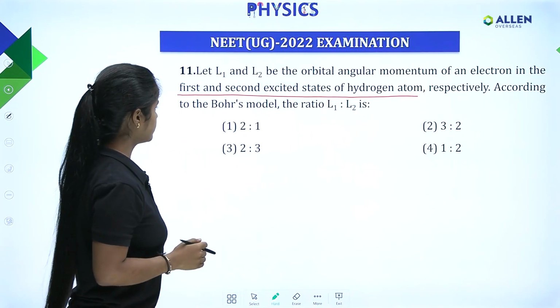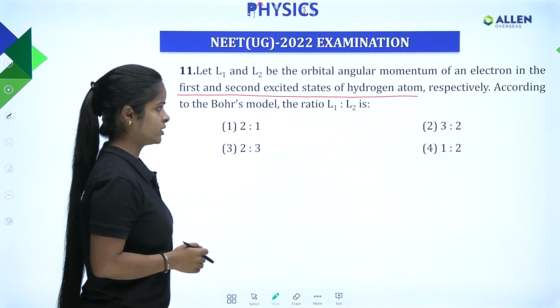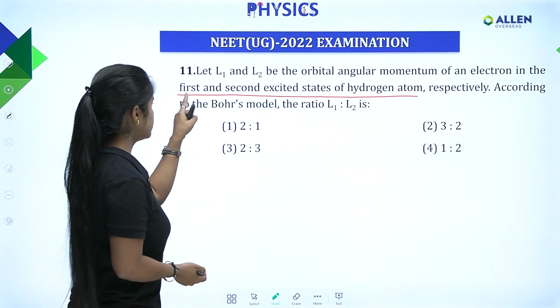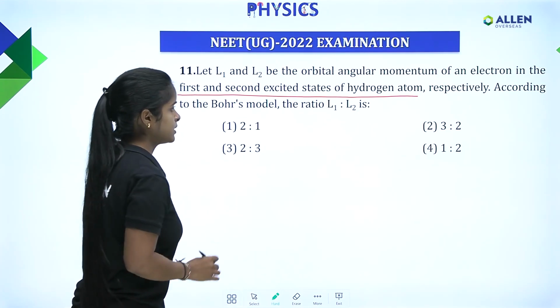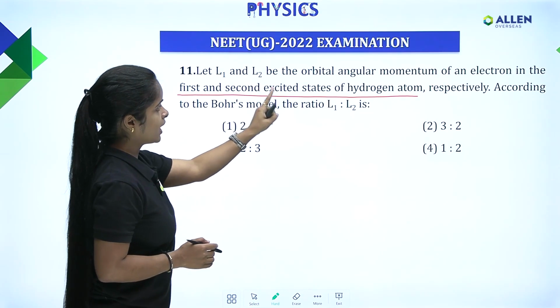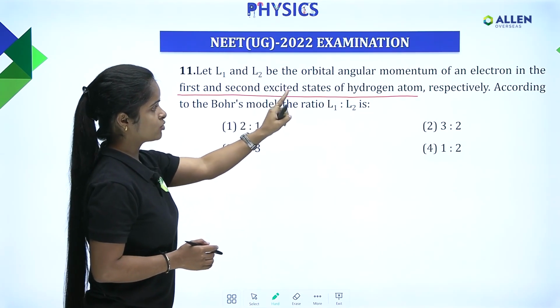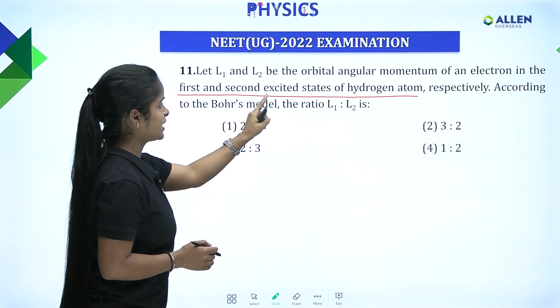According to the Bohr's model, the ratio of L1 is to L2 is, right? So here in this condition, let L1 and L2 be the orbital angular momentum of an electron in first and second excited state.